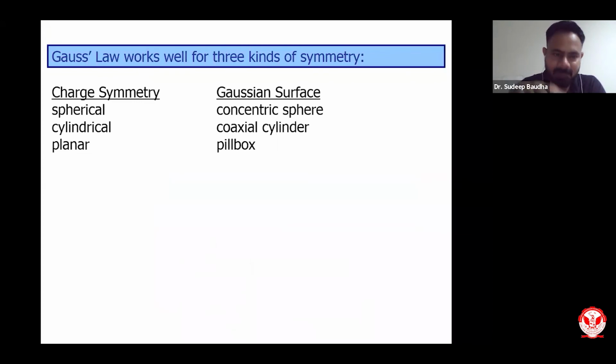Depending upon the geometry and the charge distribution, you can use either form of the Gauss law and the Gaussian surface, and you can evaluate the flux. That flux you relate with respect to the total charge enclosed, and that flux is always related to the electric field.